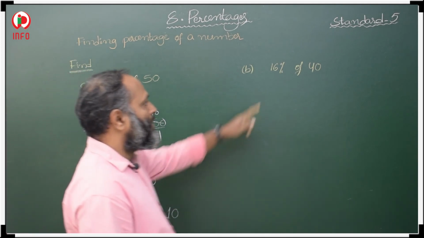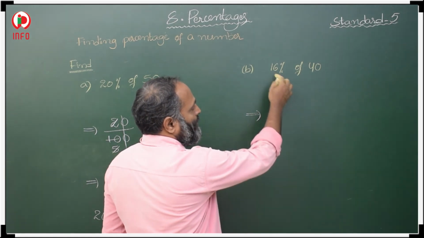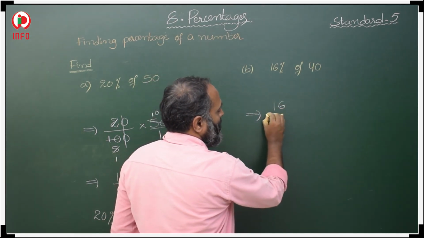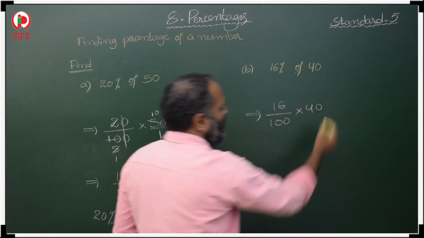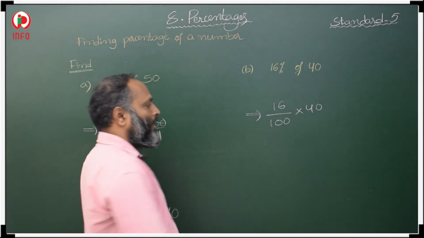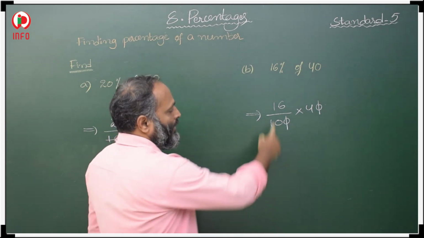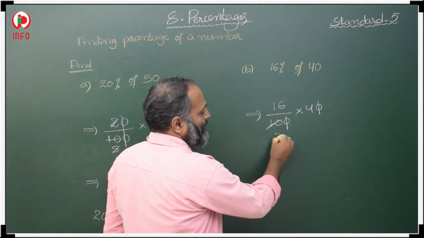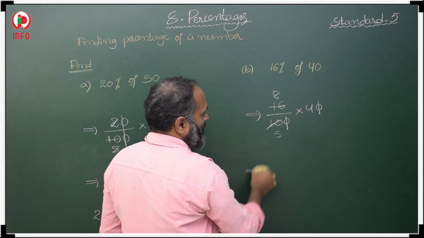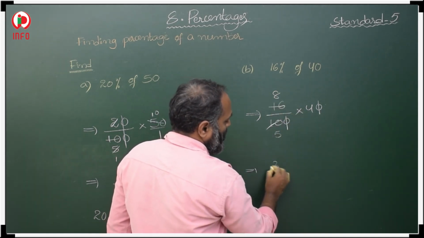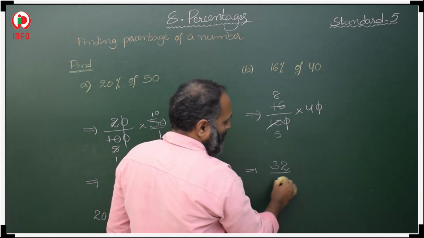Okay. 16% of 40, how much? First we take 16% by total percent, 100, into 40. Then 0 and 0 get cancelled. These two cancel with 2, 2 5s are 10, 2 8s are 16. Now what is left? 8 4s are 32 by 5 in the denominator.